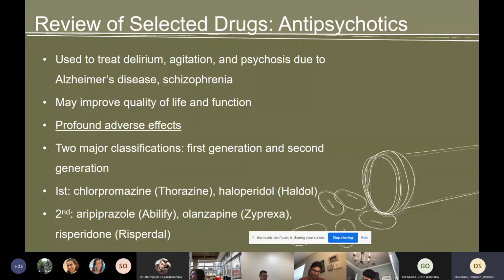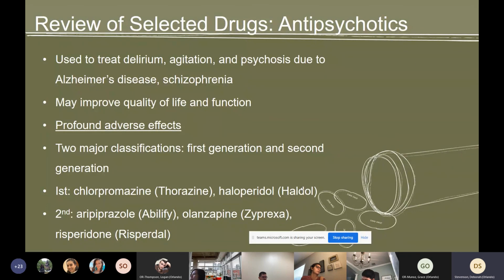Okay. Another group is your antipsychotics, and they're used to treat delirium and some other things, particularly for patients who have Alzheimer's or schizophrenia. They can help with the quality of life, but they do have profound side effects. Okay, I've given you some examples here.